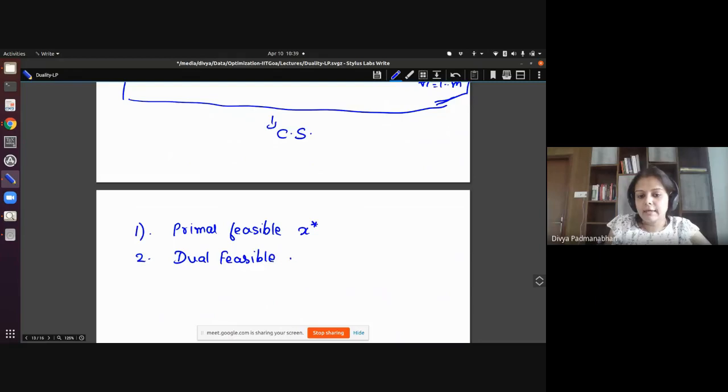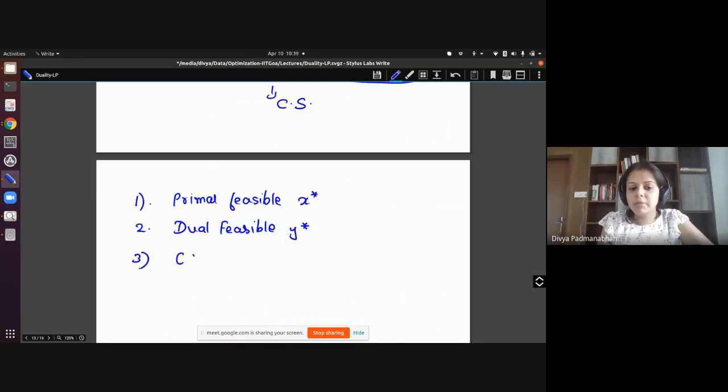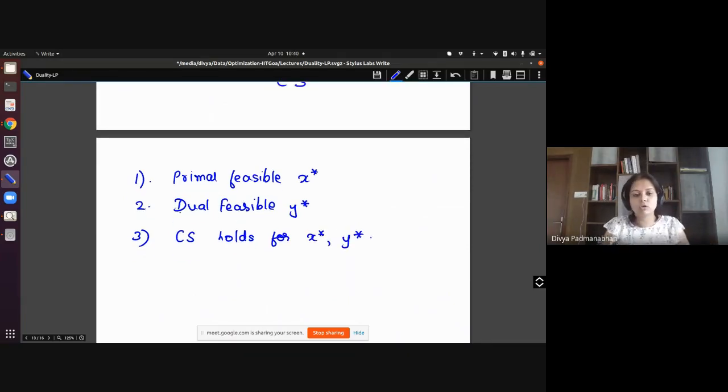And instead of saying strong duality, you can also say complementary slackness holds for the pair x star, y star. If this happens, all these three together imply that x star is optimal for the primal and y star is optimal for the dual. So it's both ways.